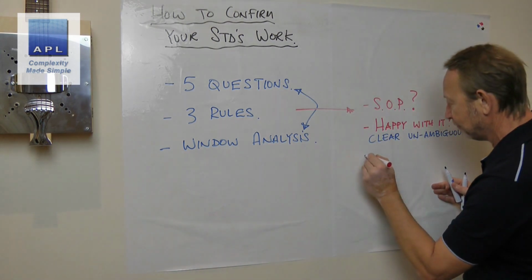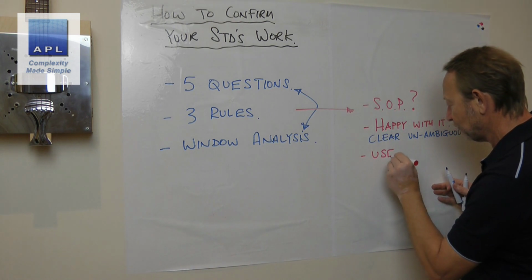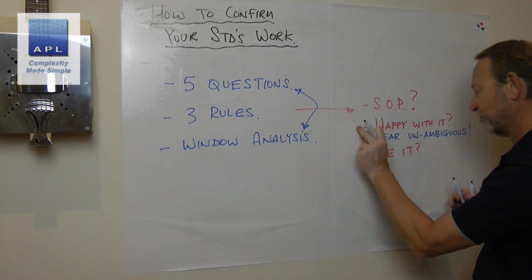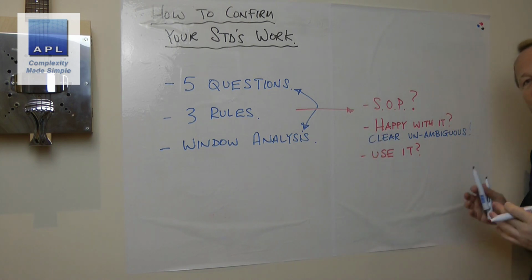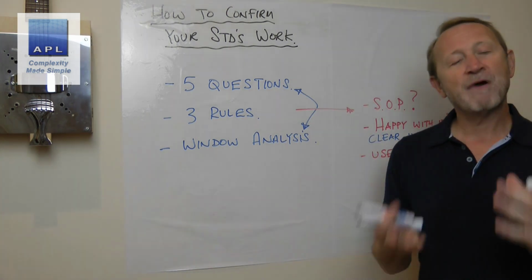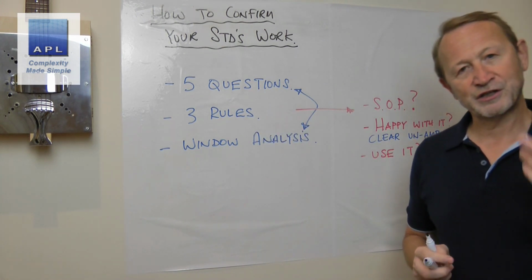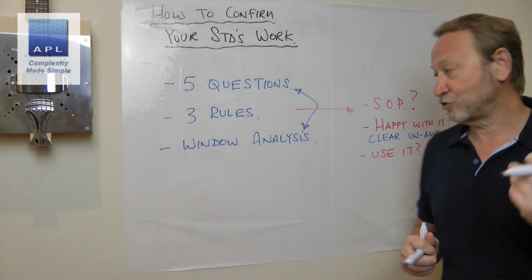And finally, do you use the standard? So do you have a standard operating procedure? Are you happy with it? And do you use it? And they're my 3 questions that I'm using to decide whether a standard operating procedure is in place.